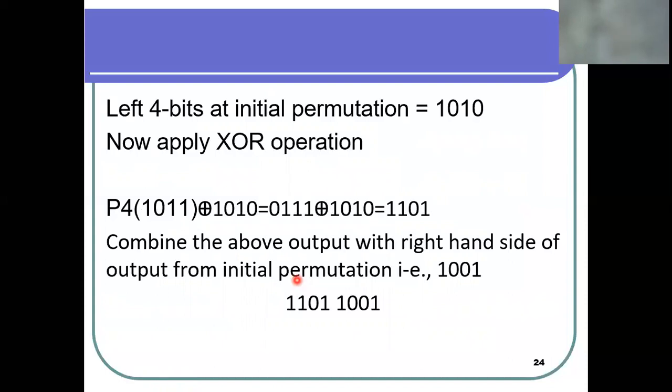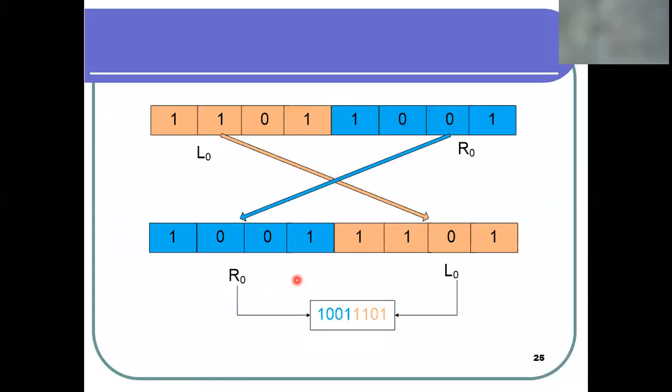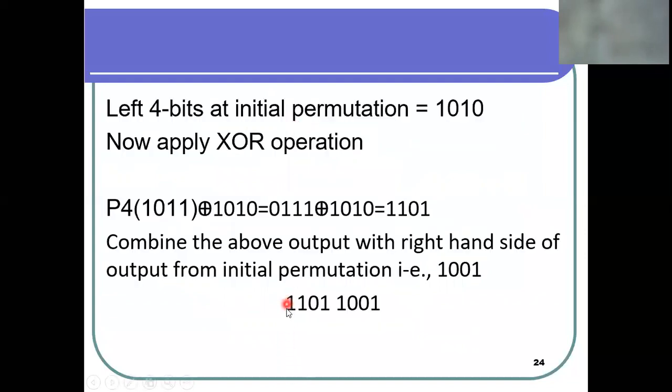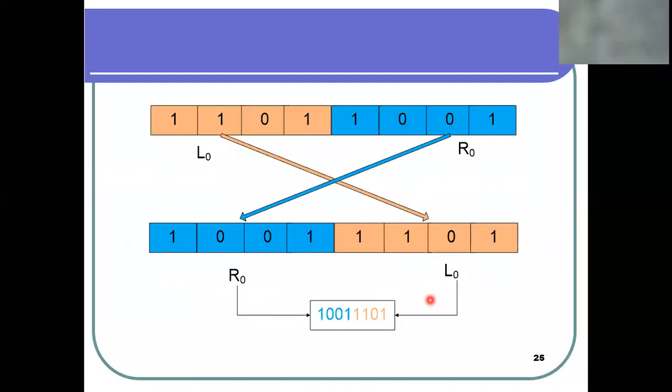a 4-bit output. So finally, we call it L0, and this L1, and then we will have to use the swapping function that swaps left chunks to right and right to left. So dear students, here you can see I put some colors in order for you to understand how this swapping is performed.